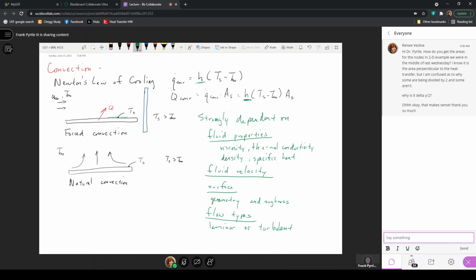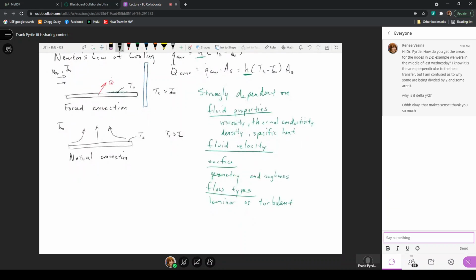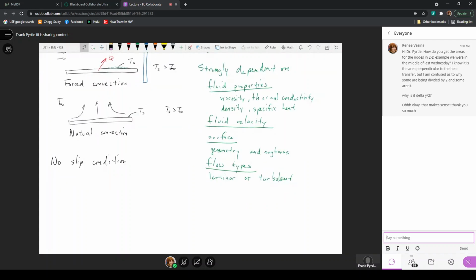Now, on a microscopic basis, when I talk here about that no-slip condition, the no-slip condition gives us a starting point from which to start to develop some expressions for heat transfer coefficients and consider qualitatively what that heat transfer coefficient is representative of.